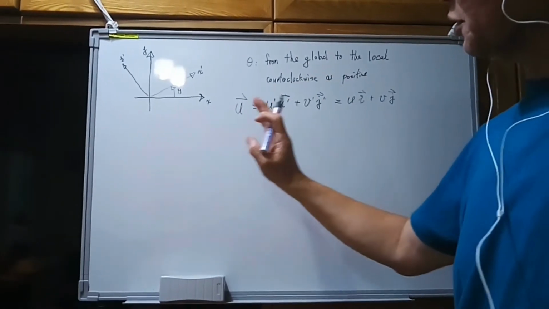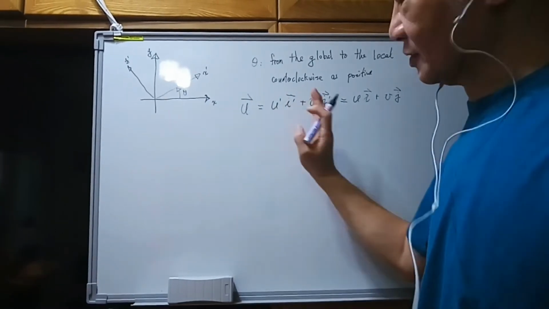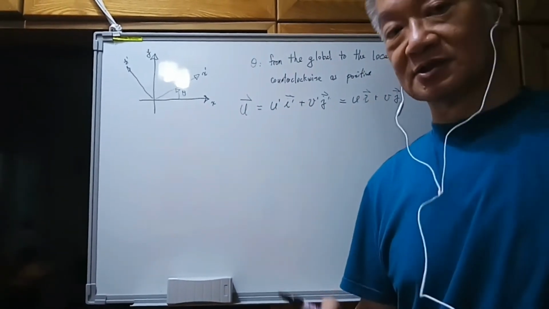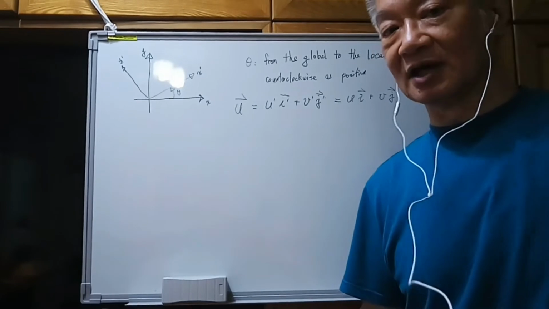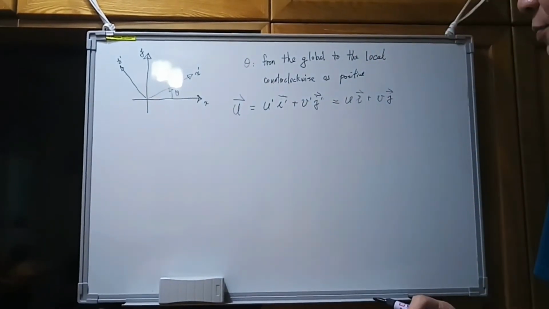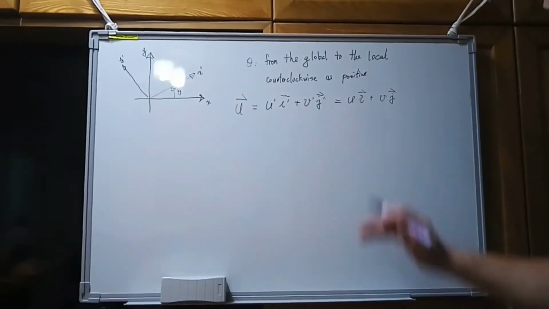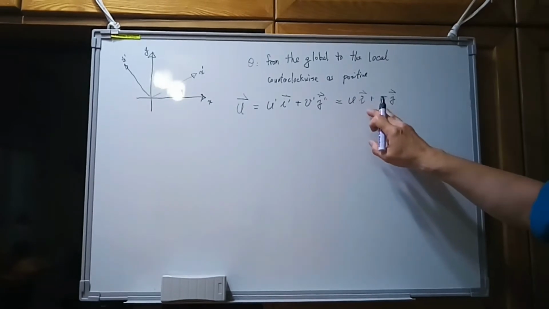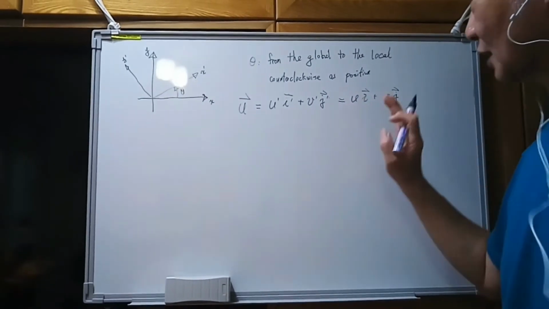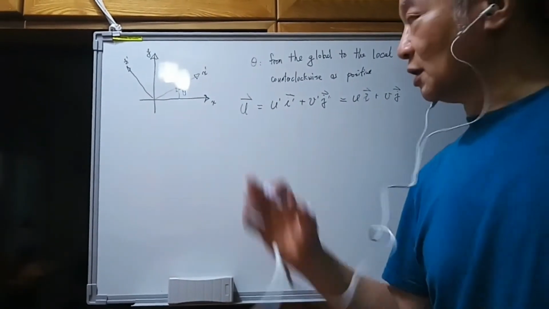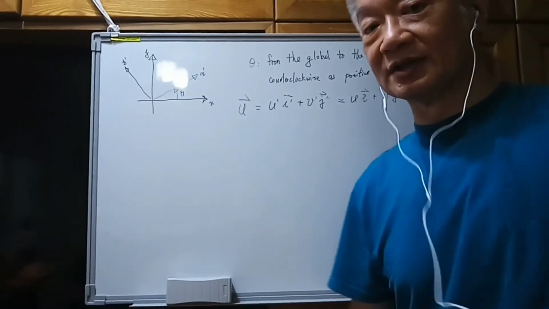And the question is, if we got one set of the vector components, how can we get the other set of vector components? For example, we know the vector components u and v. How can we get u prime and v prime?